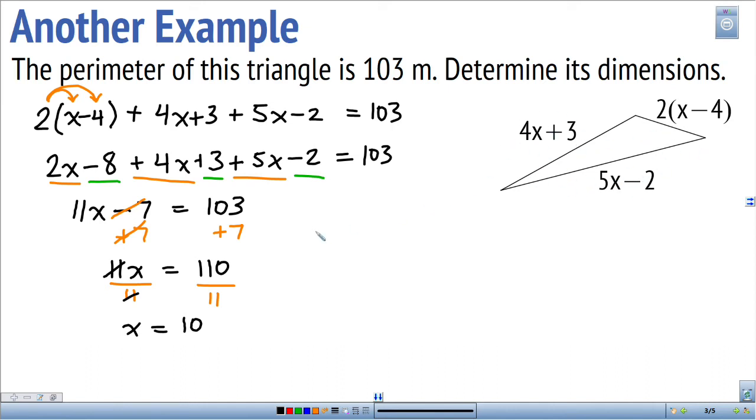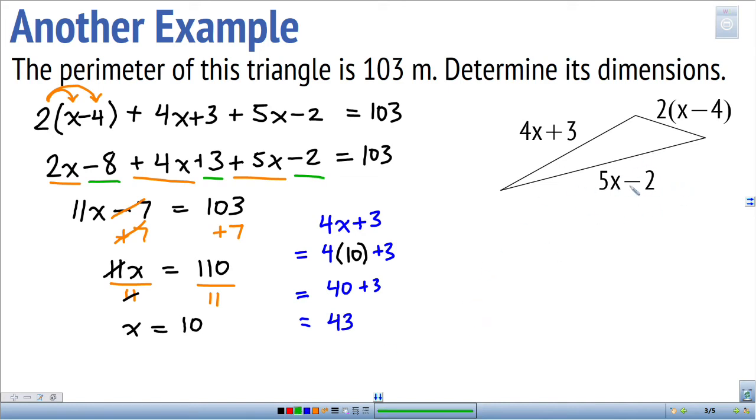So let's start with one side here. One side, the expression was 4x plus 3. Now we know what x is. X is 10. So I'm going to replace that x with the 10 that we just found. So this is 4 times 10, that's 40, plus 3, which is 43. Let's look at another expression.